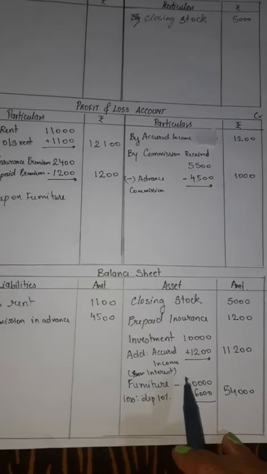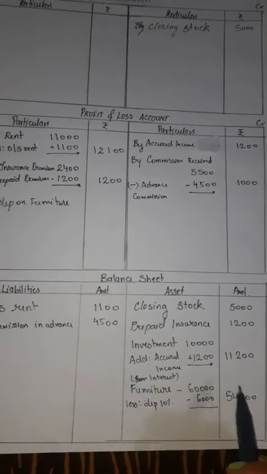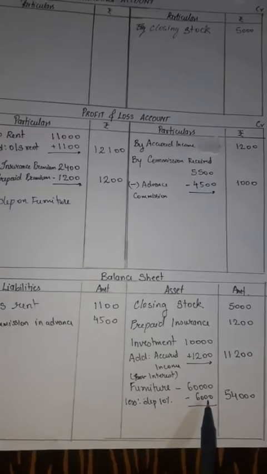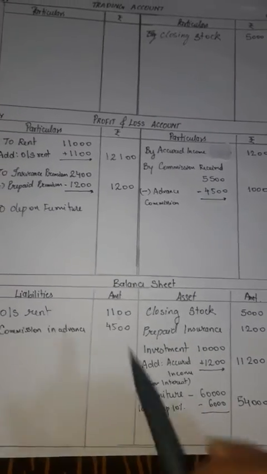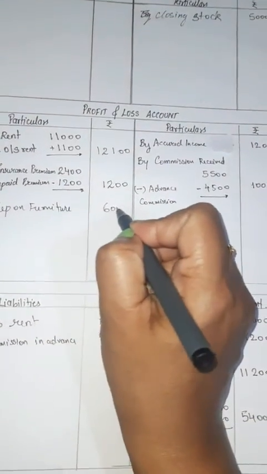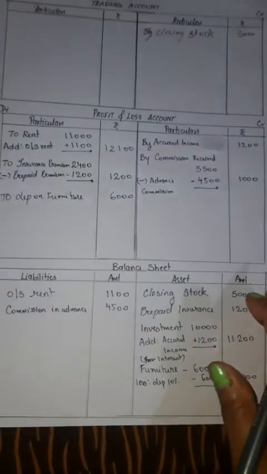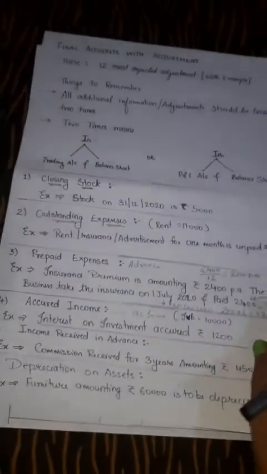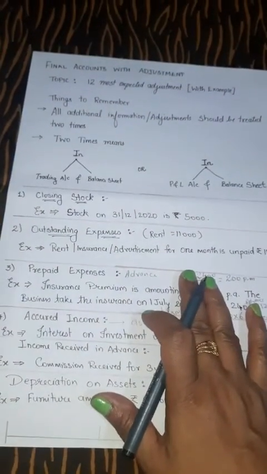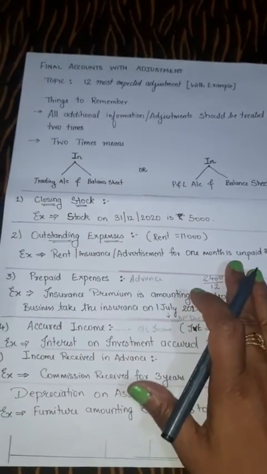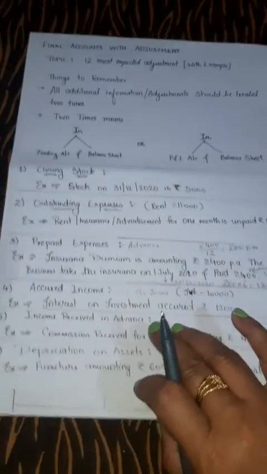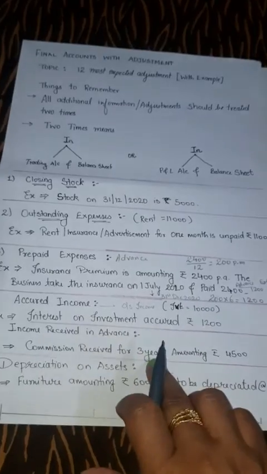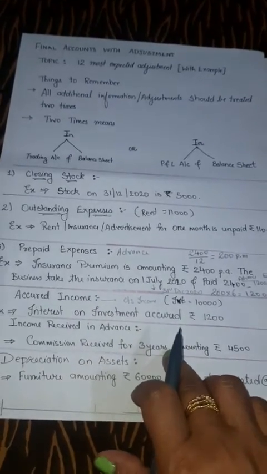See children, it is not 60,000 or 54,000 which you are supposed to show. What is the value of depreciation which you have charged? It's 6,000. So that will be shown over here. So these are the 6 adjustments which we have discussed today. It's very important from your exams point of view. So each item has 2 effects. You have to understand what those effects are.